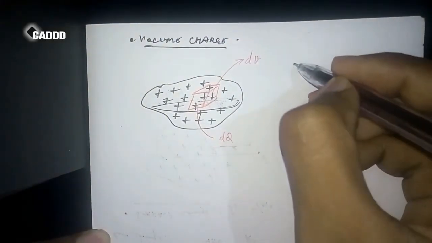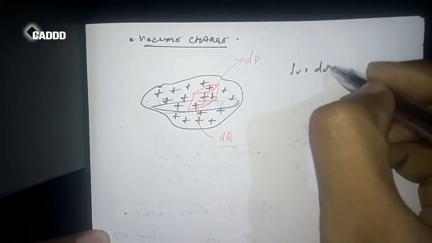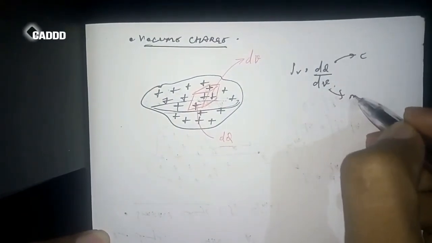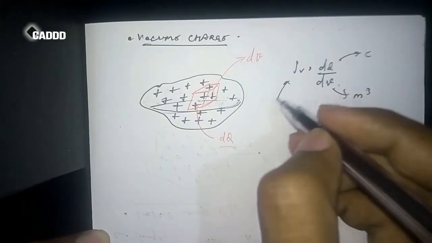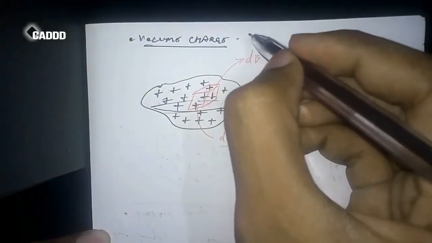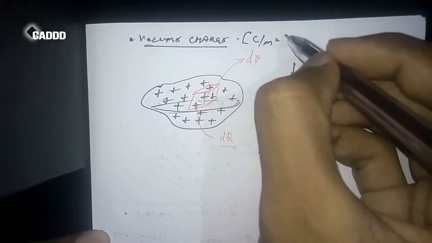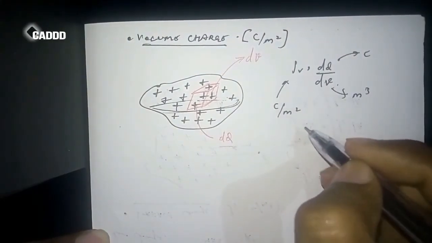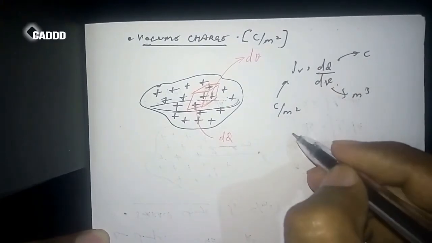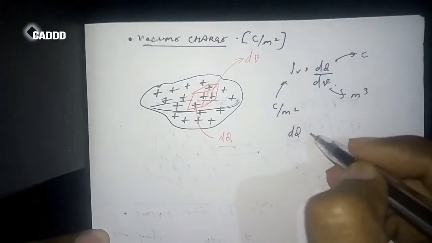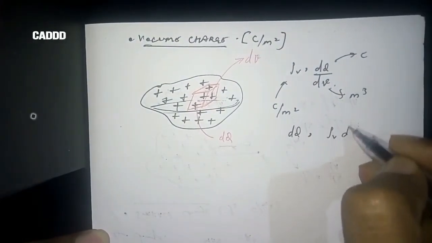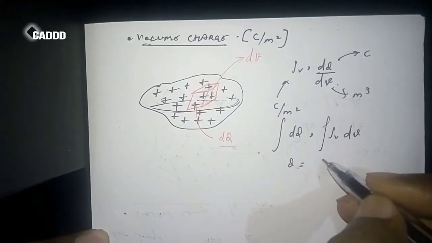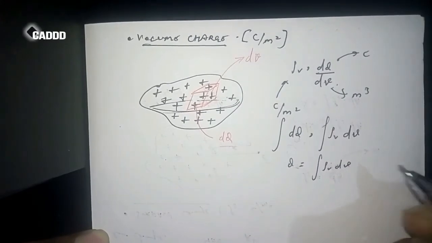Again doing the same thing, rho v is equal to dQ by dV. This unit is coulomb, this unit is meter cube, so the unit will be coulombs per meter cube. Taking this to the other side and integrating, dQ is equal to rho v dV, so Q is equal to the integral of rho v dV.